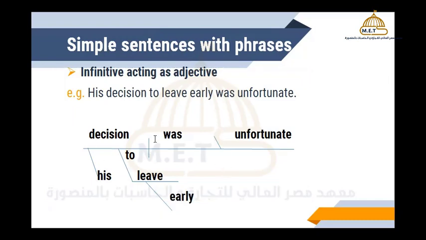Okay, so I have decision is the subject and to leave early is the adjective, which is the infinitive phrase acting as an adjective. So we put it under decision, and this way the whole example has been diagrammed.